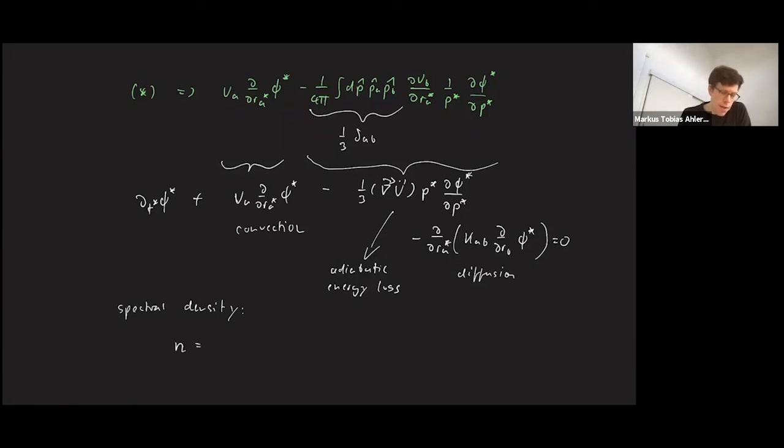And in terms of the angular averaged phase-space density, this simply is 4 pi divided by beta times p squared times phi. So phi was the angular averaged phase-space density. Multiplying this by 4 pi p squared basically gives you the total number of particles that share the momentum with absolute value p.